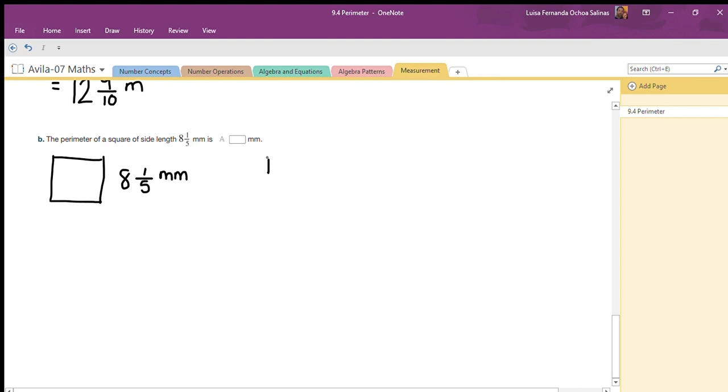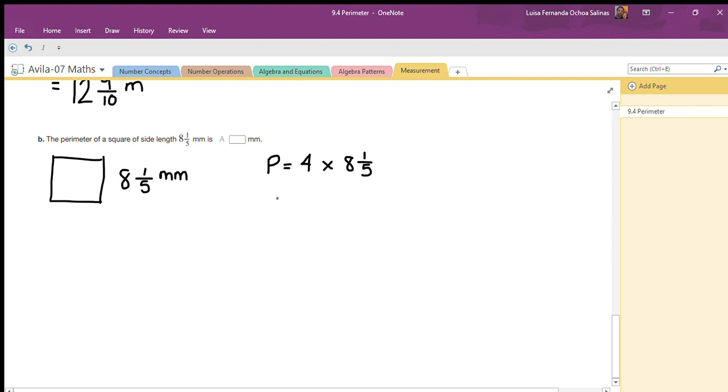What is the perimeter of a square? Because all sides are the same length, it is going to be 4 times 8 1/5. Again, I don't think you're having trouble with writing the formula or subbing in. I think your trouble is with fractions, so please use this to practice.